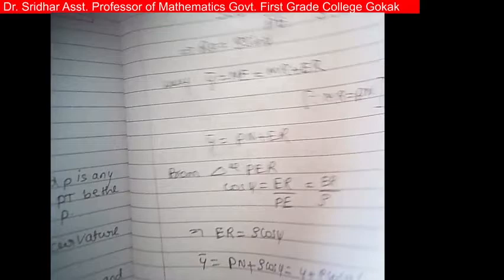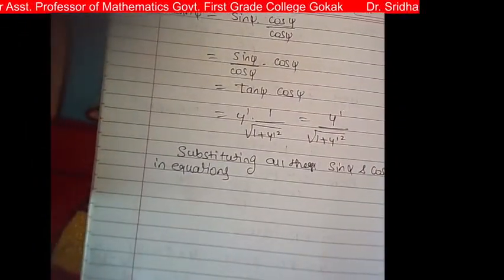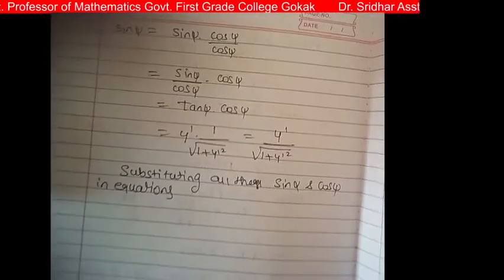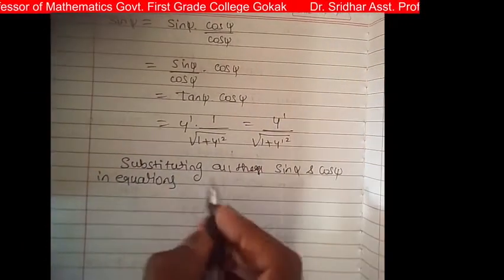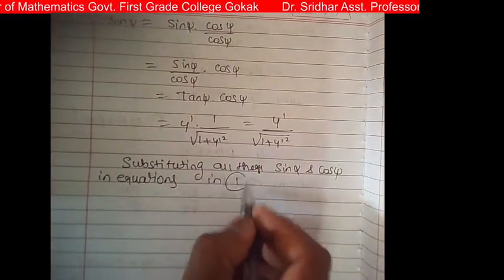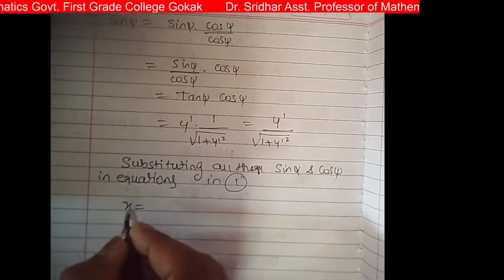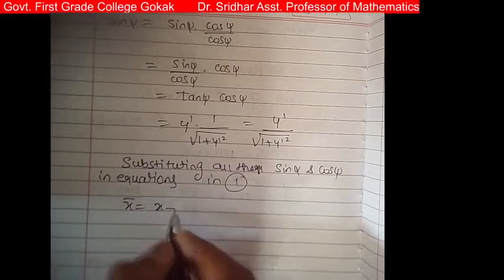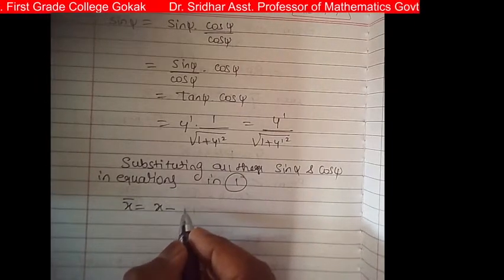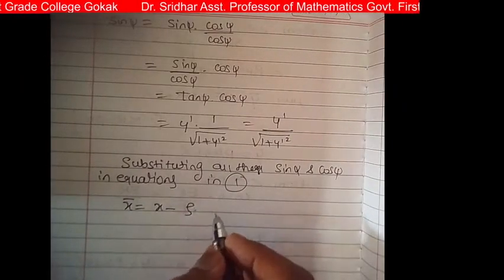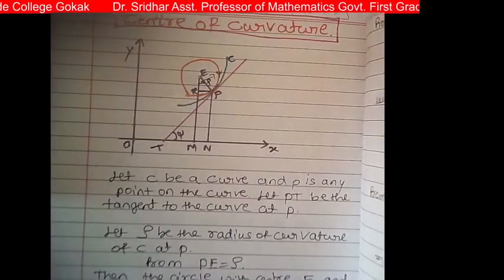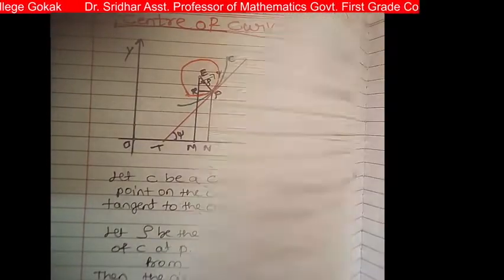So what we obtain in equation 1: x bar is equal to x minus rho into sin psi.